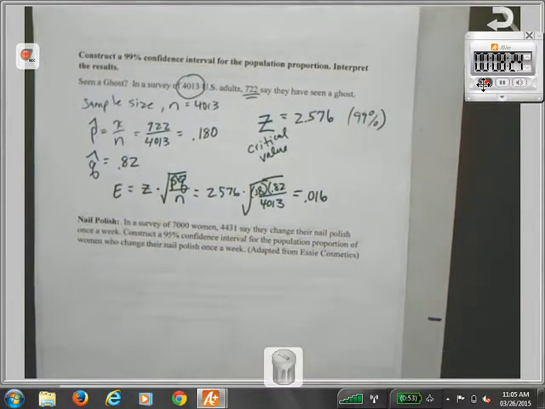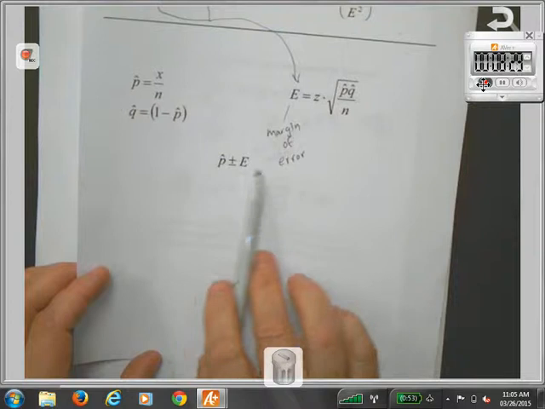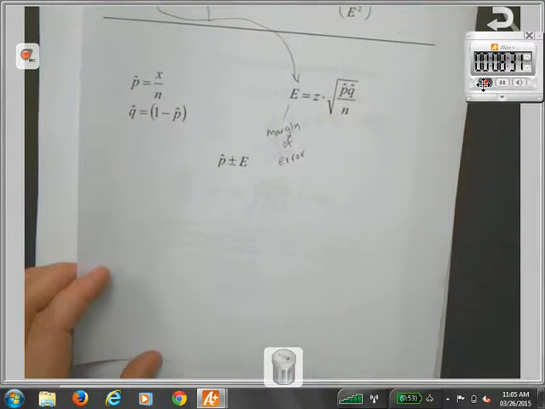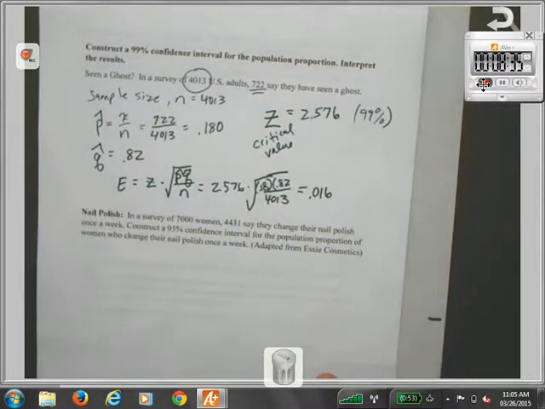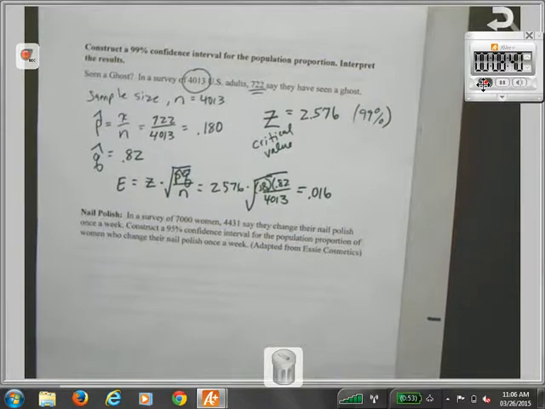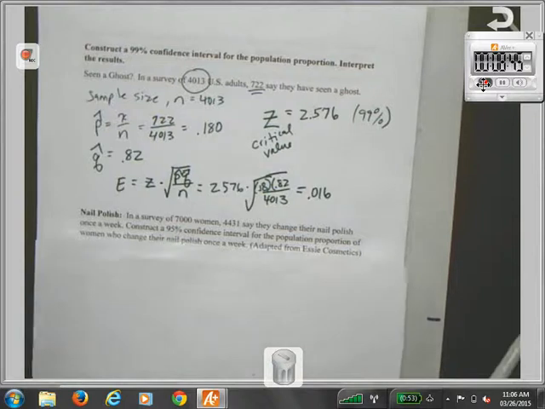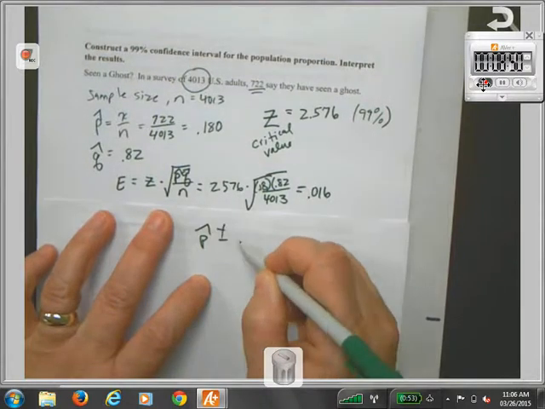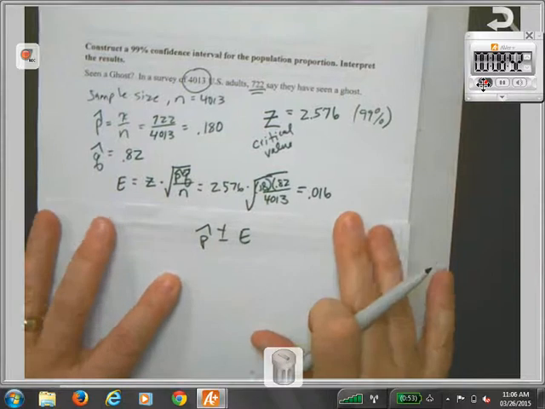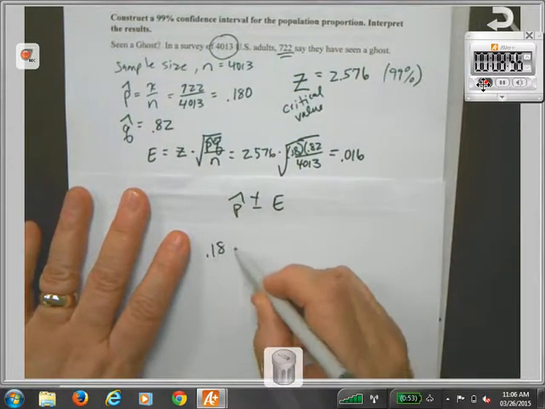Now remember, I simplified this formula to be p-hat plus or minus E. So I've run out of room right here. Let me finish this problem up. With p-hat plus and minus E, we will have 0.18 minus 0.016 and 0.18 plus 0.016. I like to do the minus first.